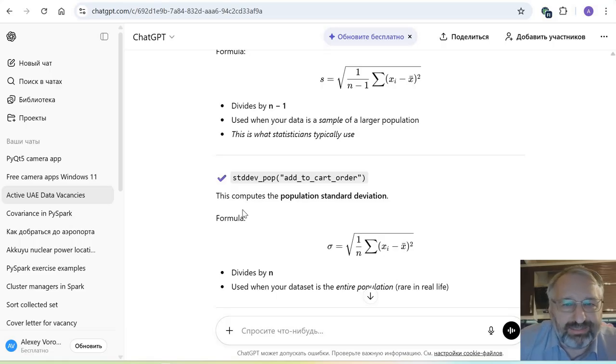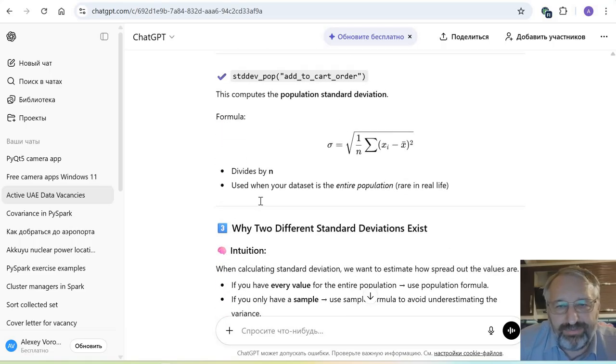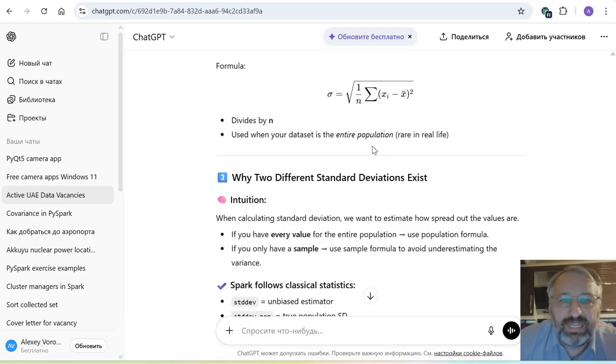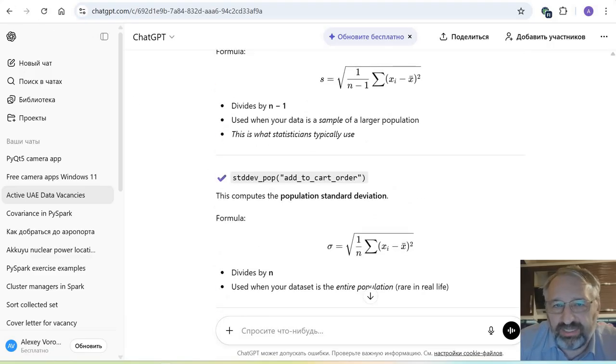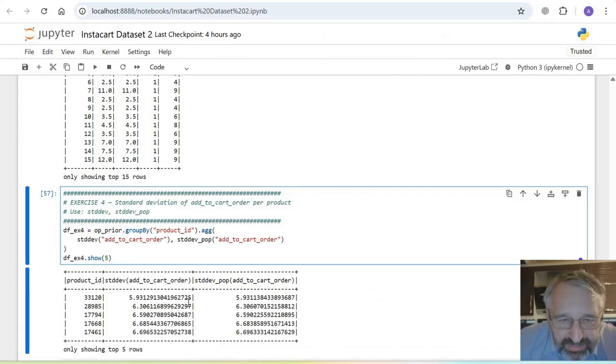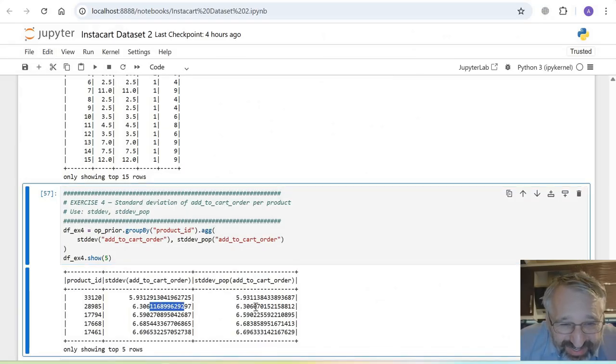Therefore, the result is slightly different. So the explanation is this. This is more reliable standard deviation, as they say. Okay, as we can see, there is a difference, but it starts somewhere at the 4th digit.